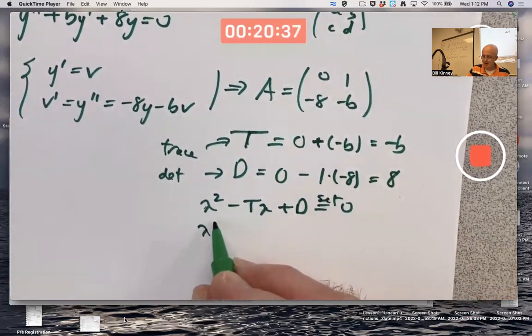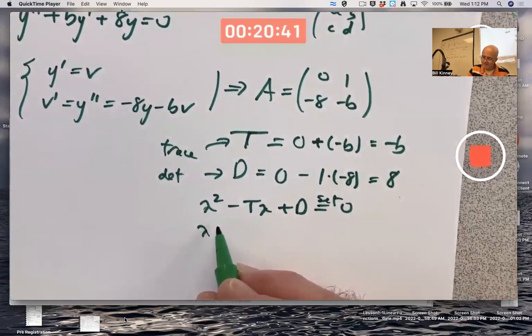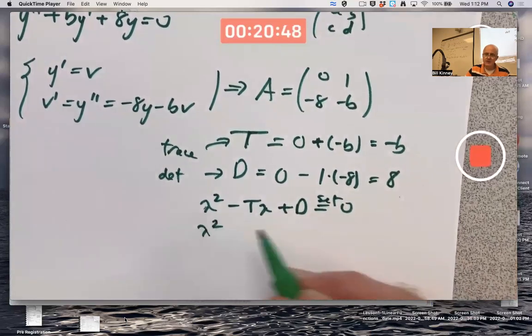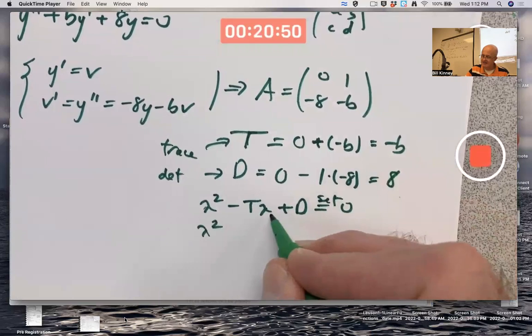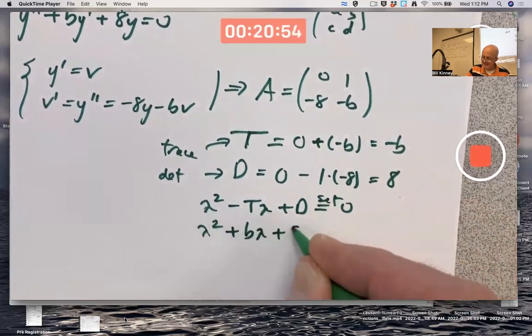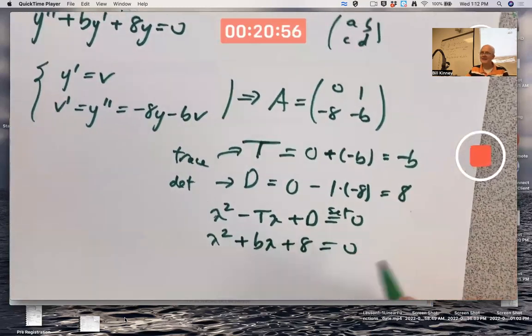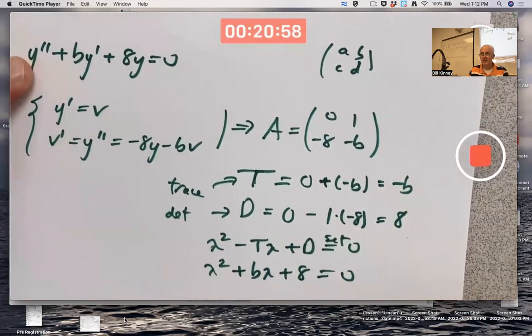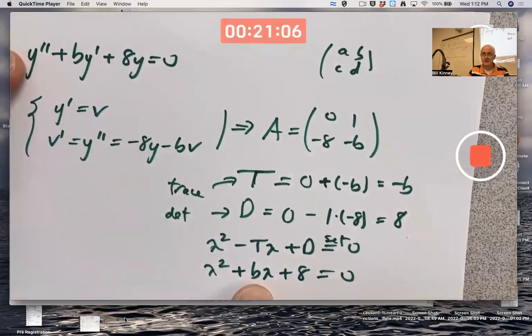You get lambda squared... Okay, the trace is negative b, so minus the trace times lambda is actually plus b lambda, plus 8. Well, we already knew that. So that's a lot of work to confirm what we already knew, right? The coefficients are 1, b, and 8, just like up here. But it's good to see that it works out.